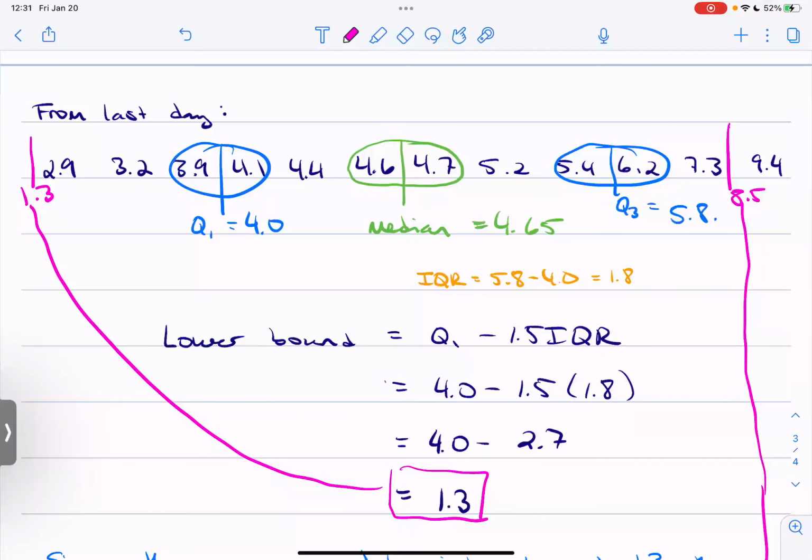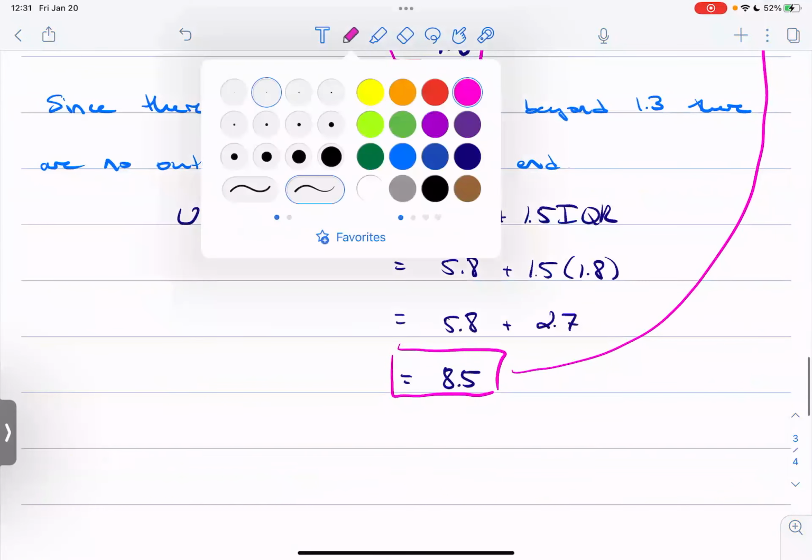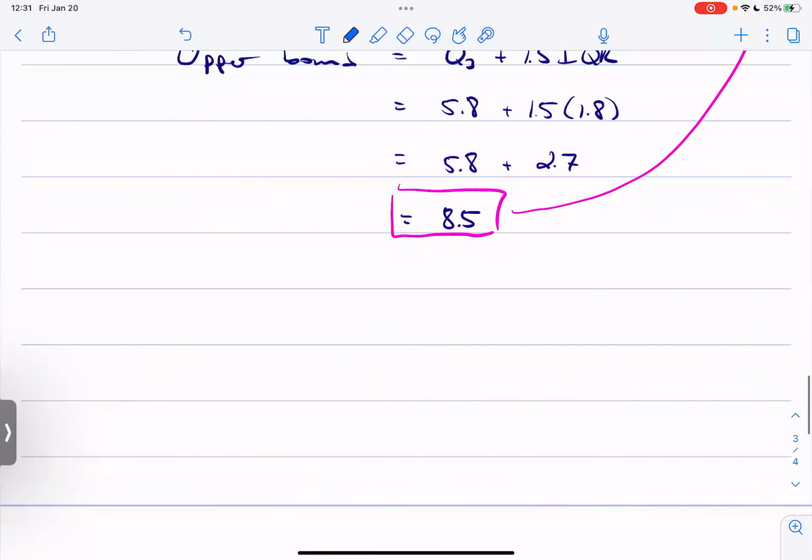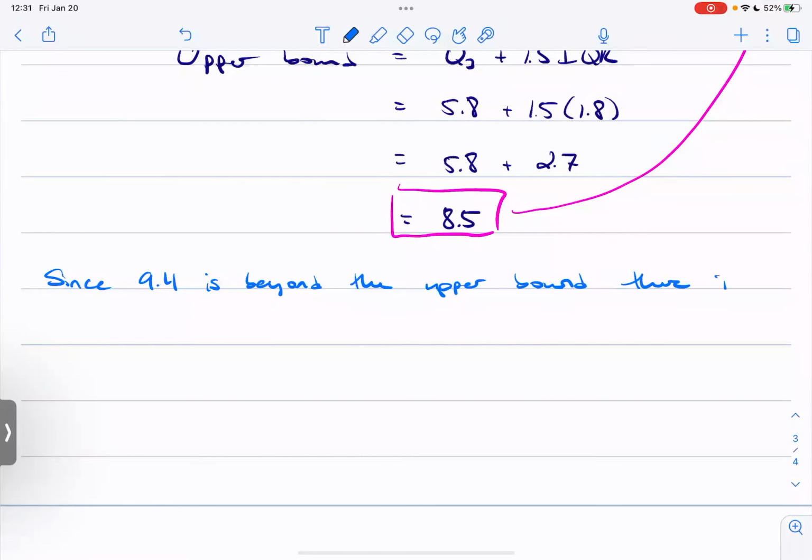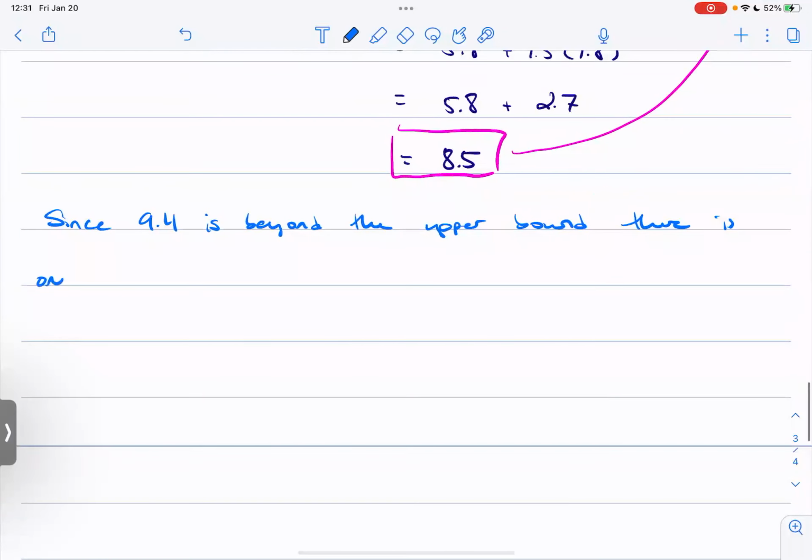Okay. And so here, since 9.4 is beyond the upper bound, there is one outlier on the upper end.